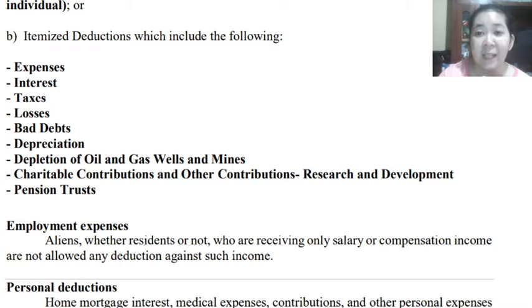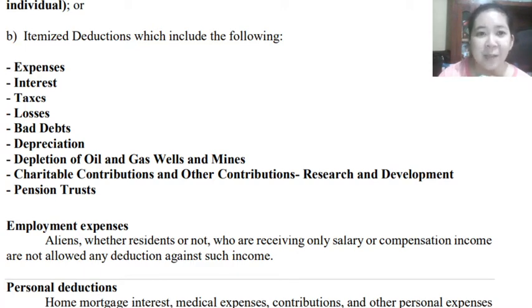Another is any taxes paid, or the excess taxes that you paid in the previous taxable year, which can also be carried forward as a deduction for your payment this year. Losses can also be allowed as deduction. Bad debts are the accounts receivable that were not paid by your customers.